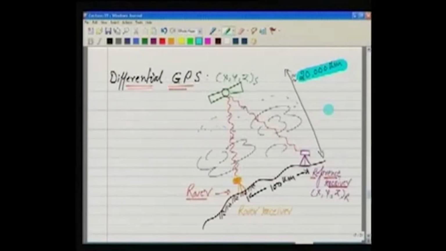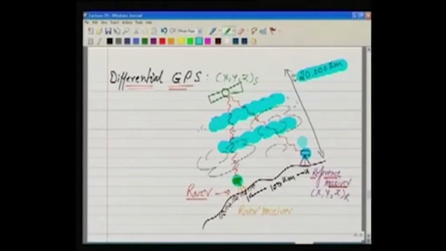Now what is the meaning of this? The meaning is we can now consider the same ionosphere and troposphere to be affecting the signals which are using this satellite and this receiver and this receiver.